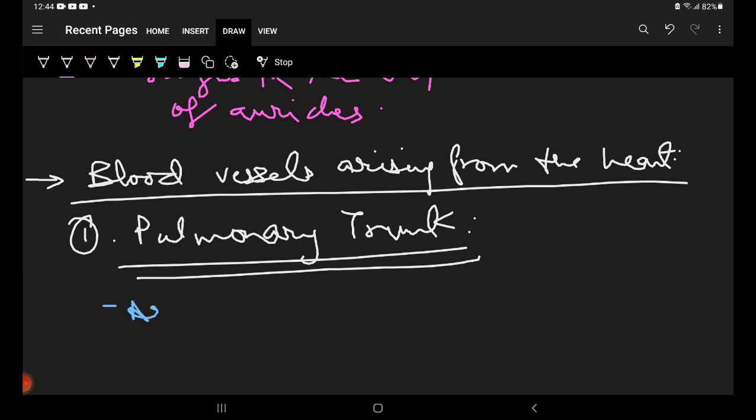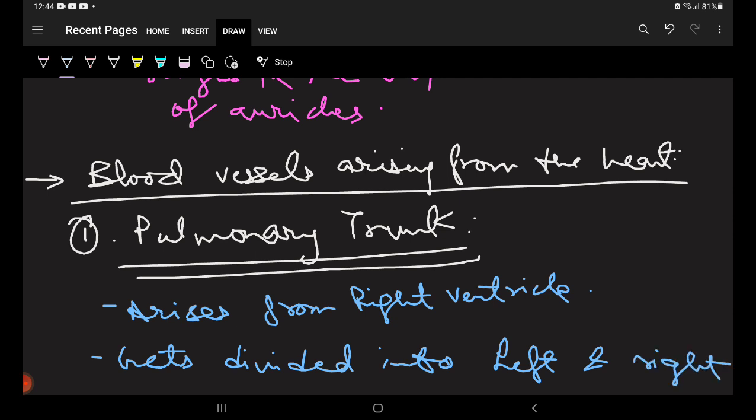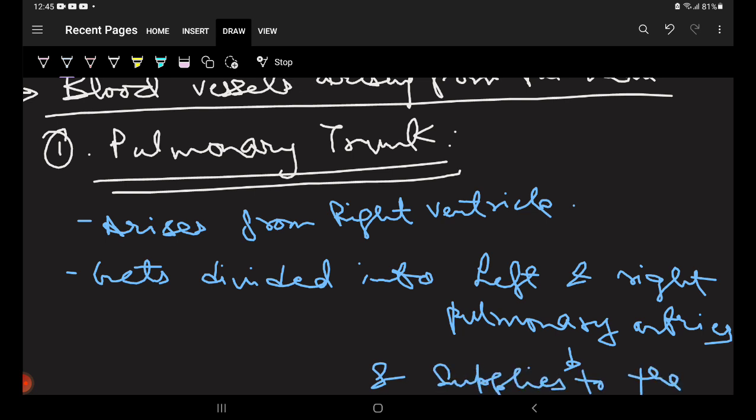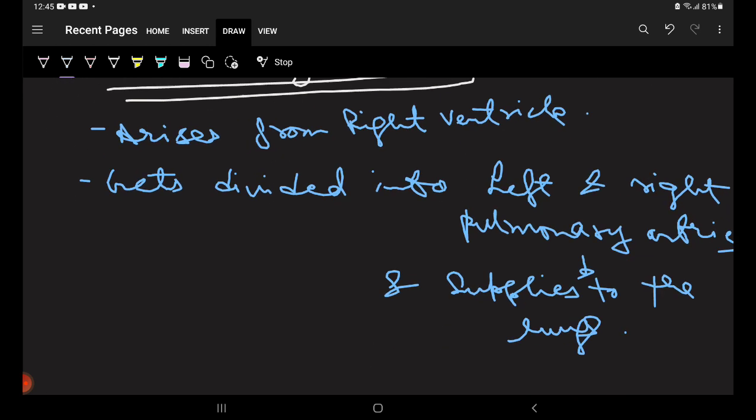It gets divided into left and right pulmonary arteries and supplies the lungs. Easy? Okay, so this was the pulmonary trunk.